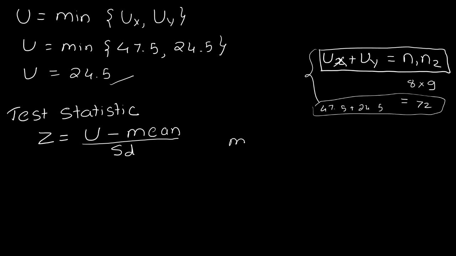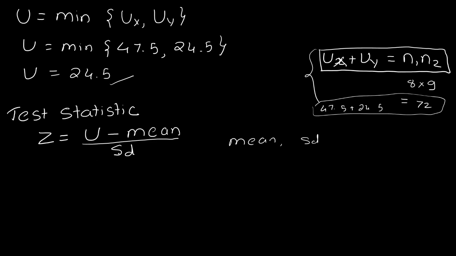The definition of mean and standard deviation changes in these cases. We'll explain how to find this mean and standard deviation, but I'll just brief you. Once we find this U, mean and standard deviation, we will calculate my Z value, and based on that Z value, whether it is crossing the critical value or not, we will accept or reject the hypothesis. This is the usual procedure.